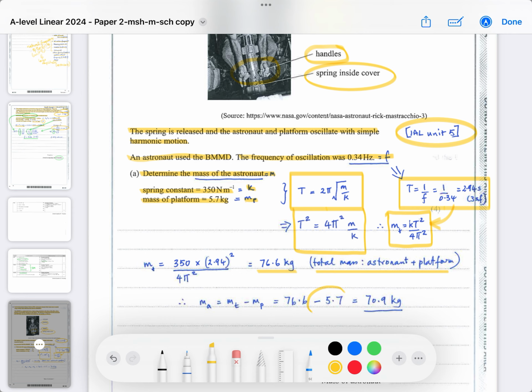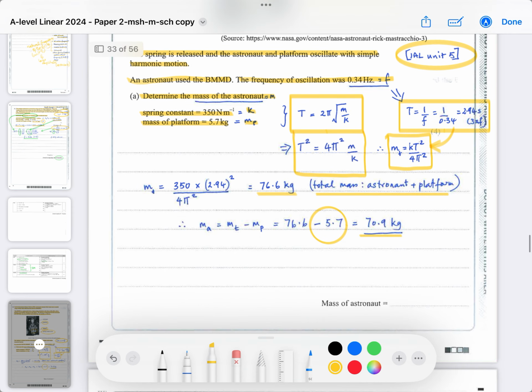You take away the 5.7, which is the mass of the platform, and you get the astronaut must be 70.9 kilograms. Okay, so I should really put that in there. Do we want 2 or 3 significant figures? You can either do 2 or 3. So this is 3, because the data provided is, I would just do it to 2.